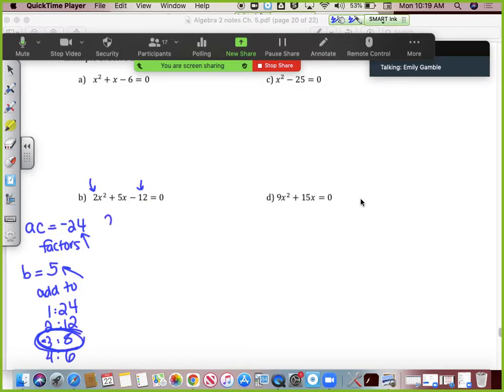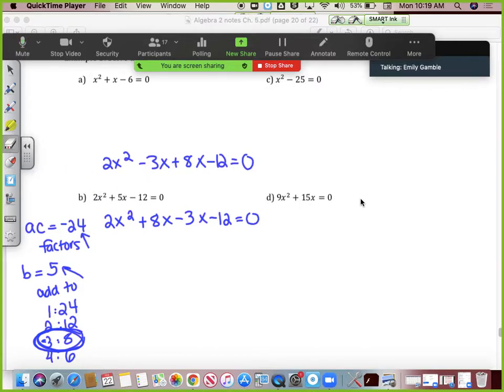So what I do is I rewrite this whole problem into either 2x squared plus 8x minus 3x minus 12 equals 0, or you would write it as 2x squared minus 3x plus 8x minus 12 equals 0. Depending on which way you write the 8x and the negative 3x, it'll change the grouping and the way that your answer looks, but you will get the same thing in the end.